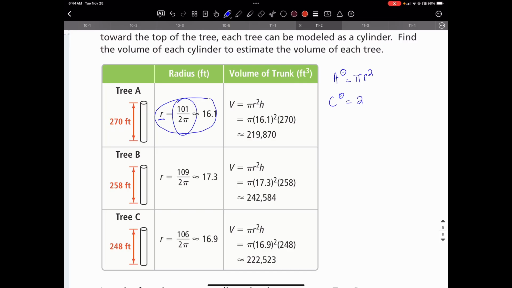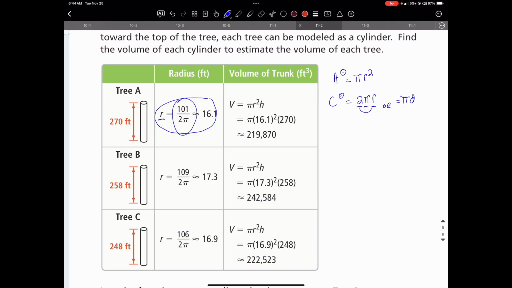That's 2 pi r, right? 2 times pi times r. Well, that 2 times r, 2 times your radius, is just your diameter. So some people use pi times diameter, right? Pi diameter. That's what that is.